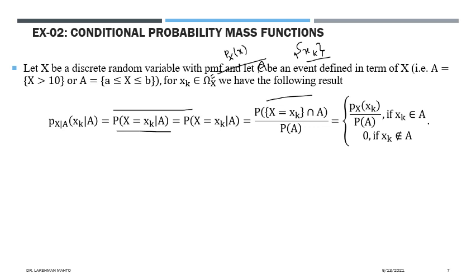Here, when x_k is within A, then we simply observe the definition of the conditional probability mass function as a ratio of the marginal probability mass function divided by the probability of A. And if x_k is not in A, in the given information, then the value of the conditional probability mass function would be 0.